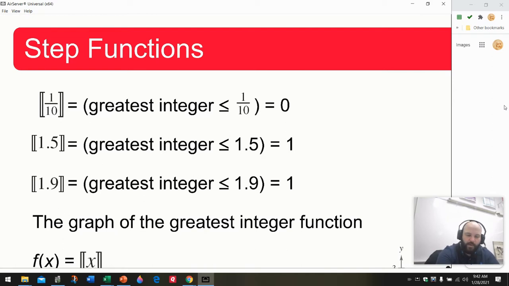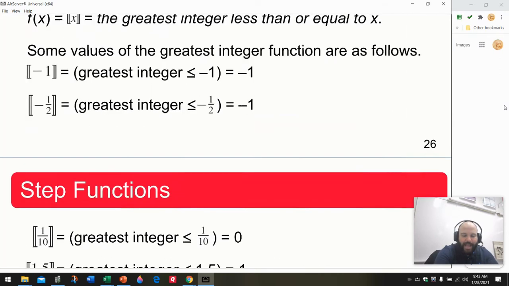Now you have 1.5 in the next one, and normally when we round, 0.5 would round up, but in this case we're going to round down to 1. So as you can see, it's taking the greatest whole part out of the number. Even 1.9 is going to round down to 1 when it's in the greatest integer function, because it's taking the biggest whole part. So it's always rounding down.